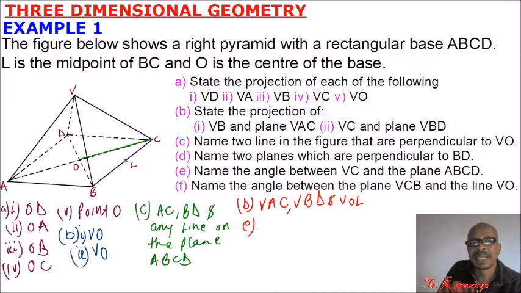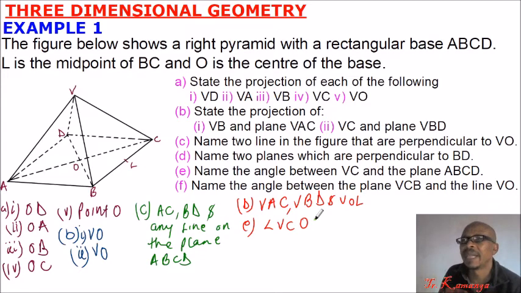So the angle between line VC and plane ABCD is VCO. That is the angle between VC and its projection, which is OC. So that's how you answer that.